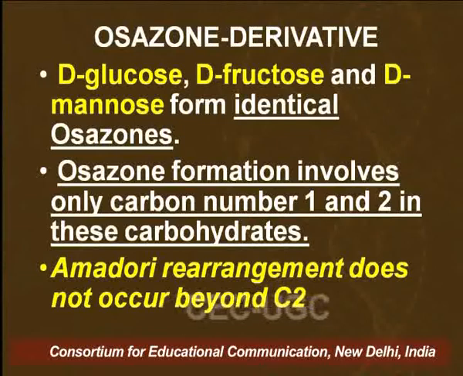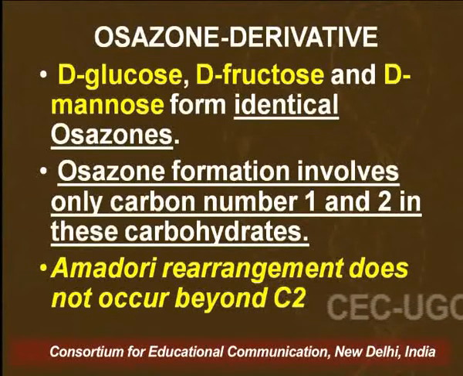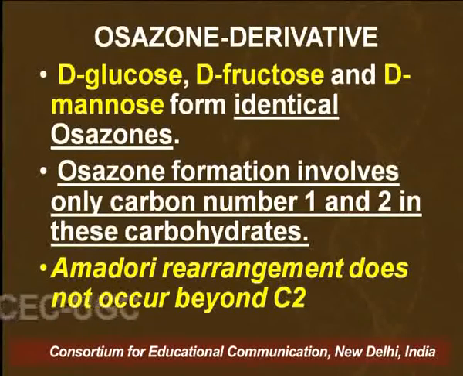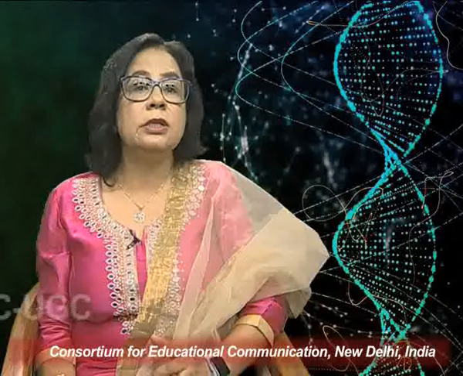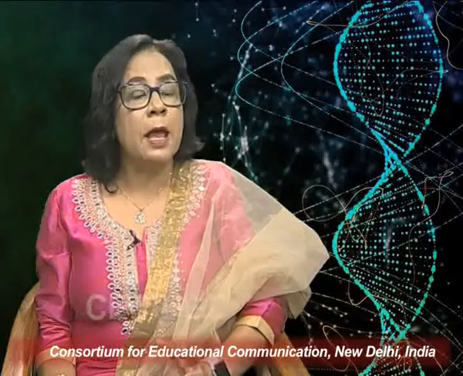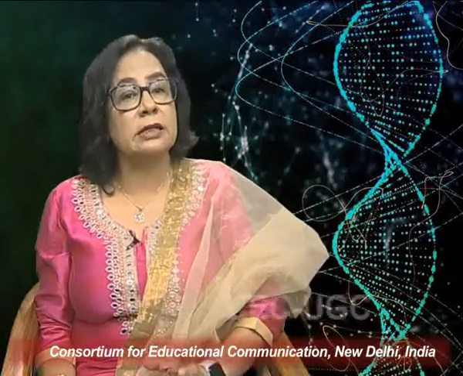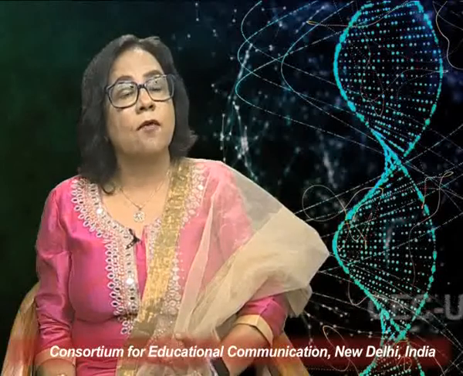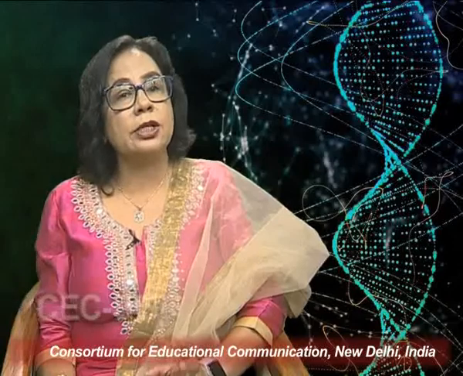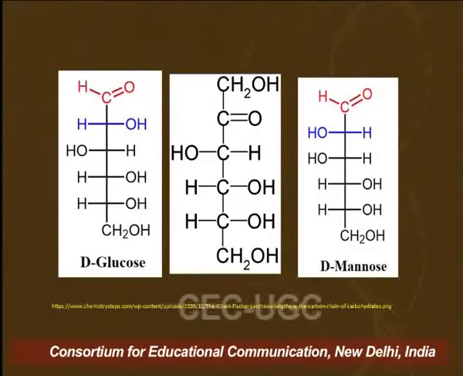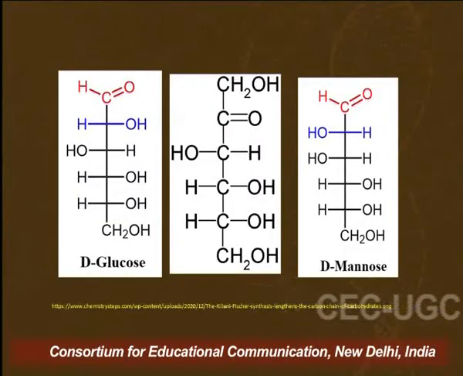The rest of the 4 carbons are not involved, because we have a special type of rearrangement in these reactions, the Amadori rearrangement, and this Amadori rearrangement does not occur beyond the C2 carbon. So the configuration will be the same, and I have discussed the mechanism of osazone formation of glucose in my lecture on monosaccharides 2, that is properties of glucose.